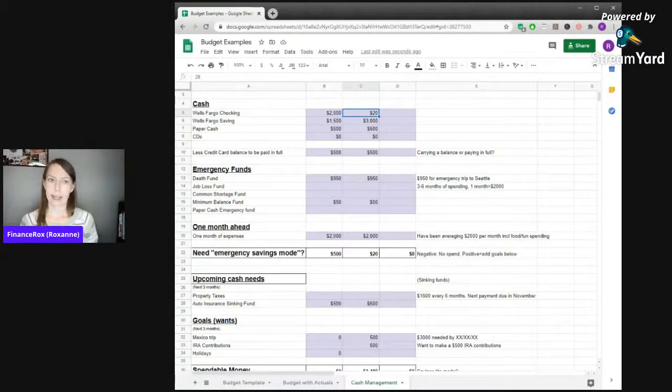The theory here is that I personally don't care where the money is as long as I have it and I can access it if I need or want to. But I did want to caution you there, make sure that you look at it from that angle as well, as in, is it in the right place?